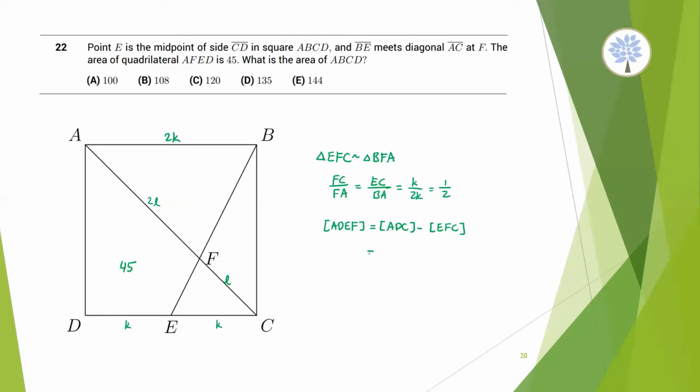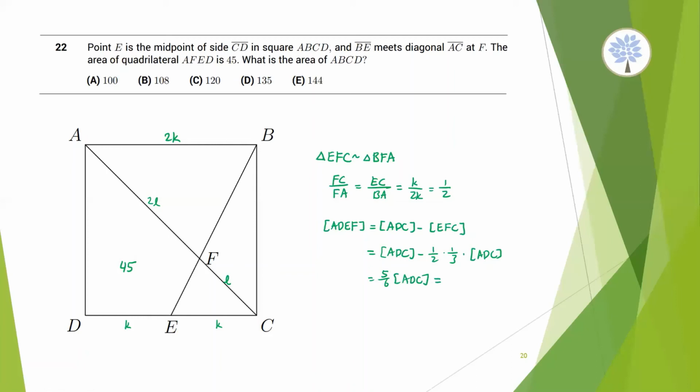And then we can notice that the area of EFC, in terms of the area of ADC, is just a half, which is CE over CD, times a third, which is CF over CA, times the area of ADC. And so now we have 5/6 times the area of ADC.